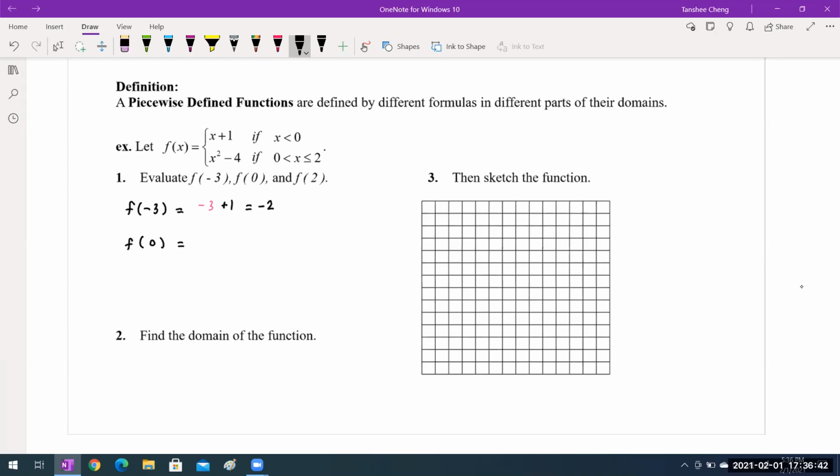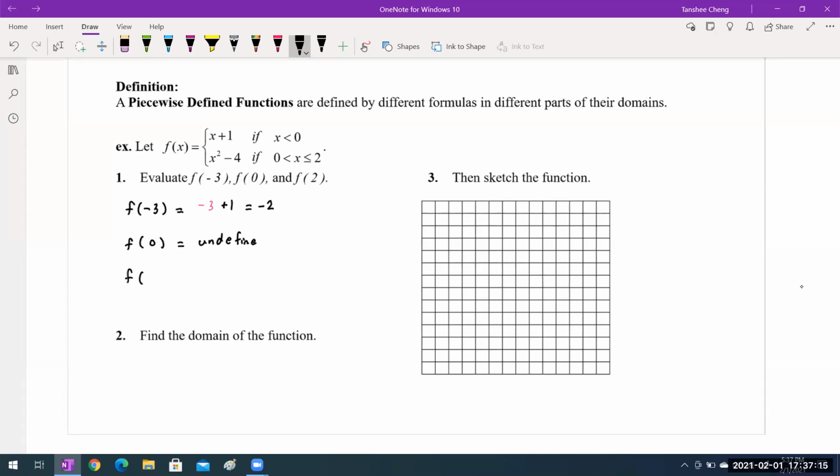So from this restricted domain, 0 is not part of the domain. If the input that we are evaluating is not part of the domain, there is no outcome. So in this case, what do we call it? Undefined. Okay? Once again, 0 is not in the first part of the restricted domain, nor the second part of the restricted domain. So therefore, I cannot evaluate this function at 0.